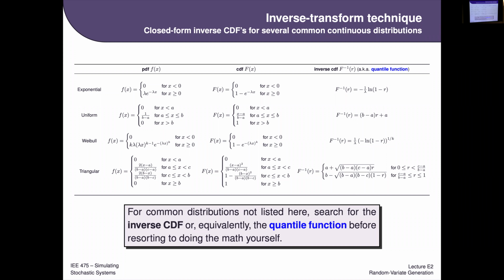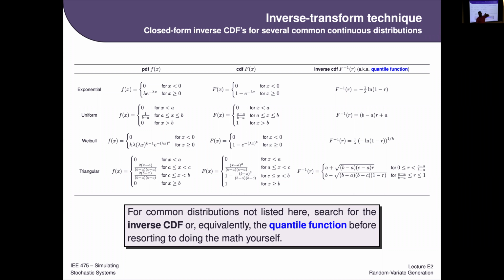So if you're in Excel and say, I really need to draw a Weibull distribution, but I don't want to go through the hassle of figuring out what that inverse transform generator is, just go to Wikipedia, look up Weibull distribution, go to the quick info on the right-hand side, and look up quantile function. The quantile function will pop out as this expression here. Then you drop that into Excel, drop random numbers into the R spot there, and you will get Weibull distributed numbers out.